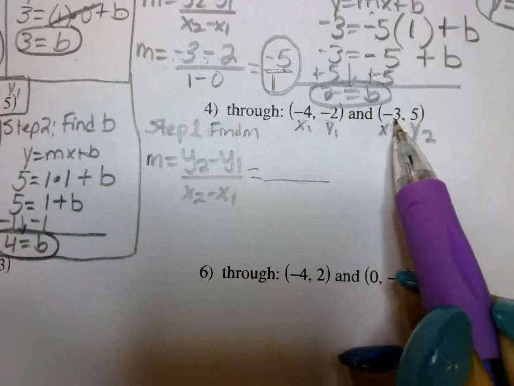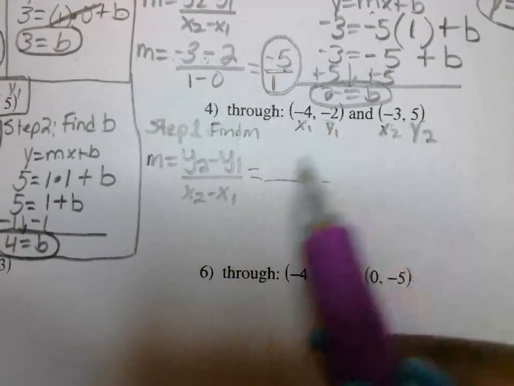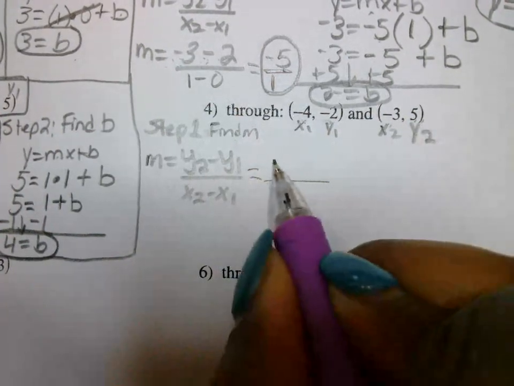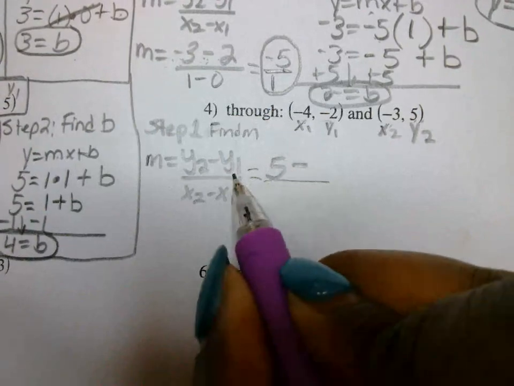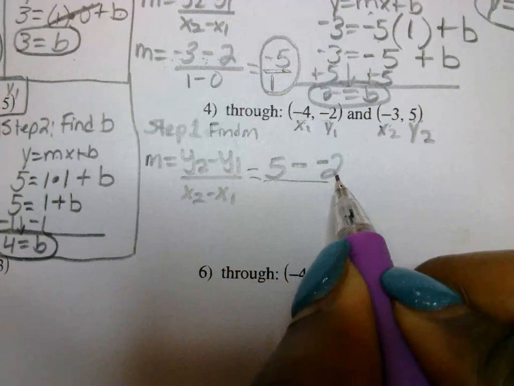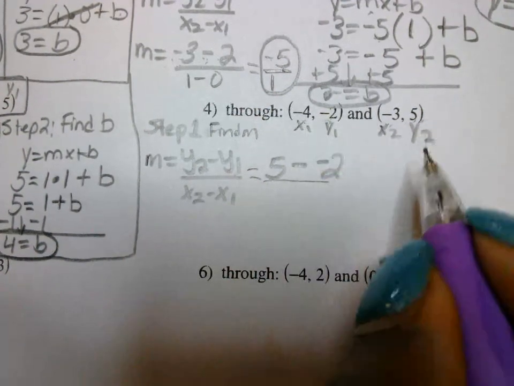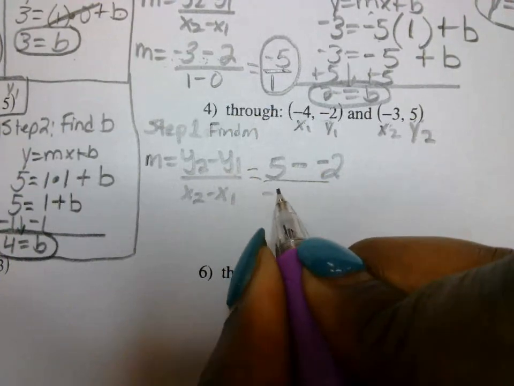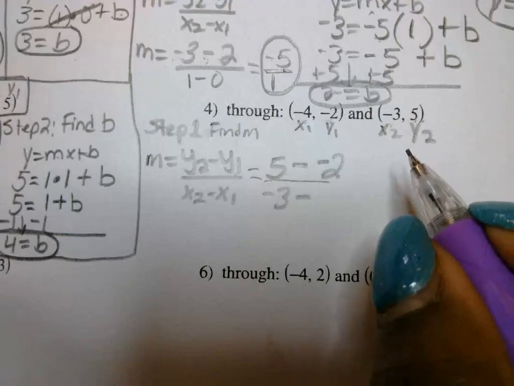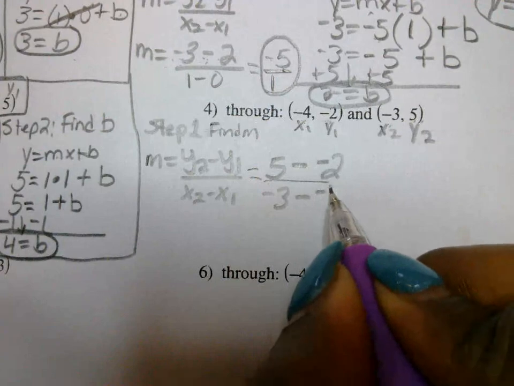This is your second point, X2, Y2. We label the points and then substitute these numbers into this formula. Y2 is 5. So we're going to say 5 minus is a part of the formula. Y1 is -2. So can you fill out the bottom? What are we going to put on the bottom? Which one of these numbers is X2? -3. Thank you. Minus is a part of the formula. Which one of these numbers is X1? -4. Very good.